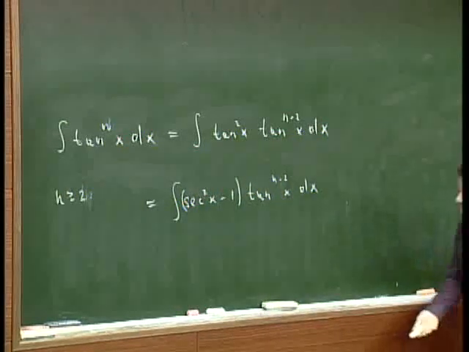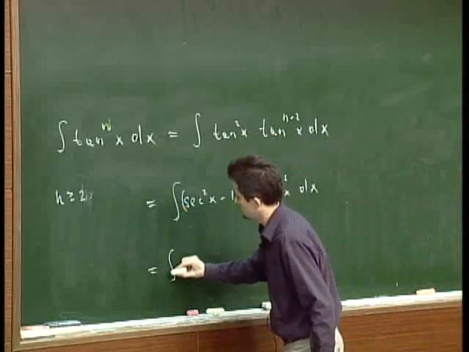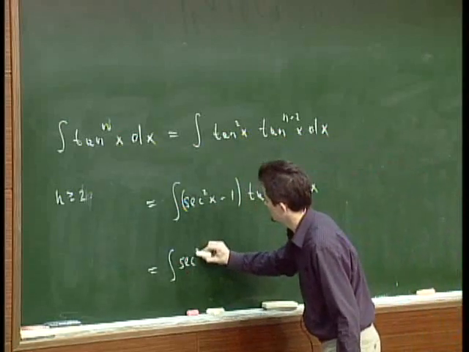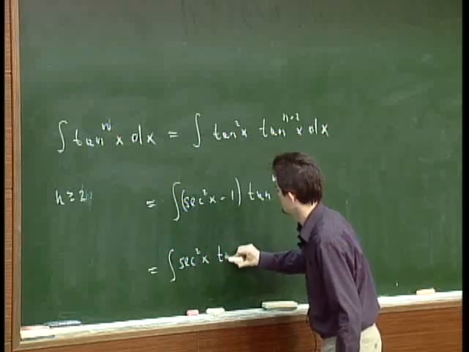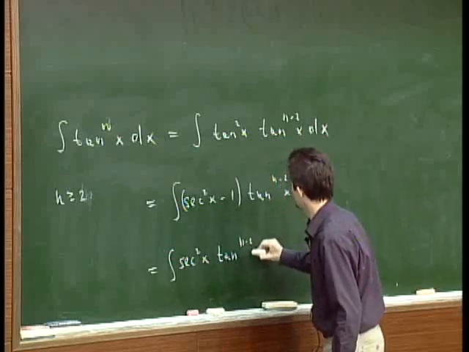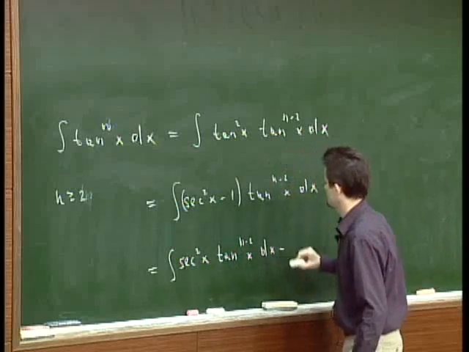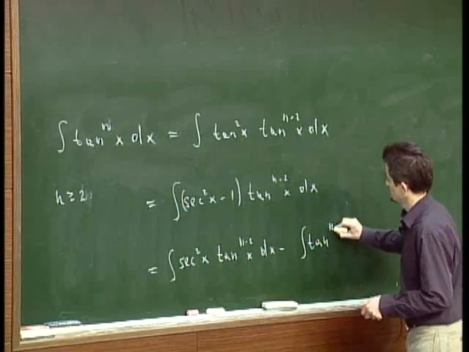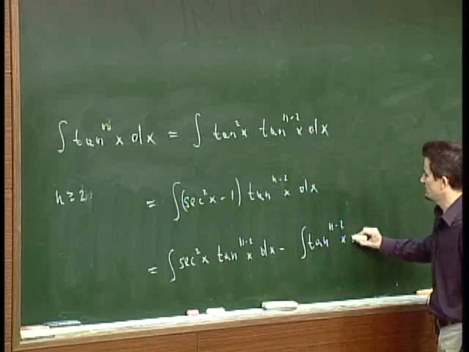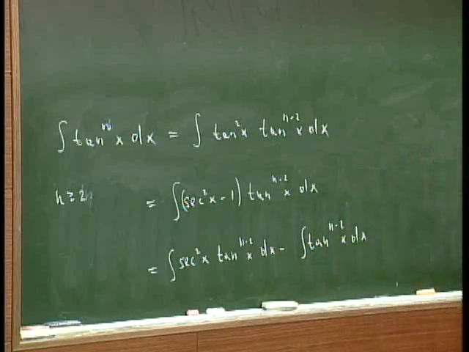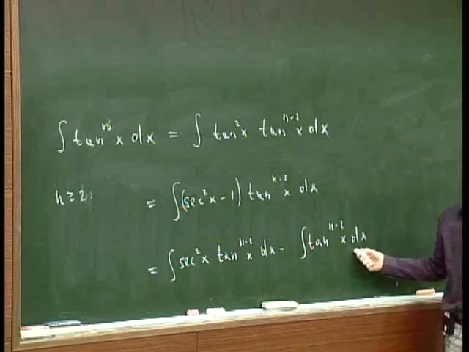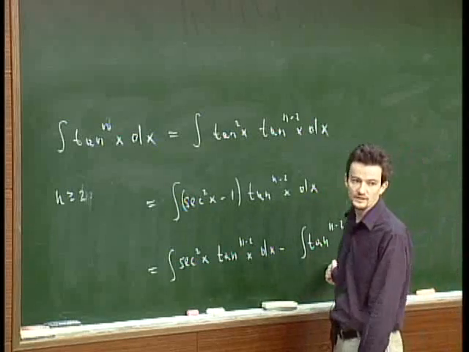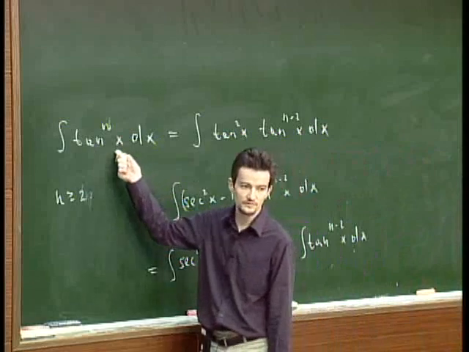Okay, and now you see, you can write this as the difference of the integral of secant squared of x tangent to the n minus 2 of x dx, minus the integral of tangent to the n minus 2 of x dx. We do not have to bother too much about this one, because we assumed we know this already, and we want to compute this one.